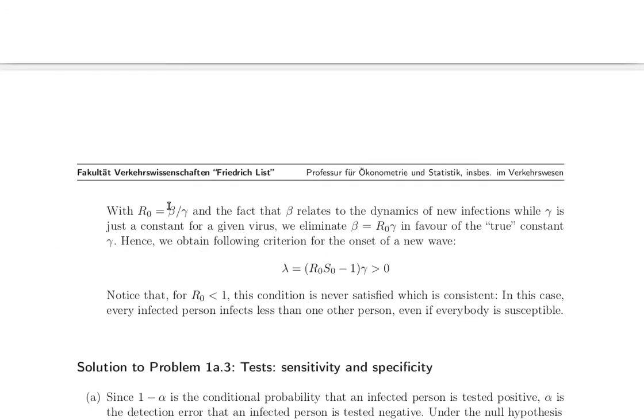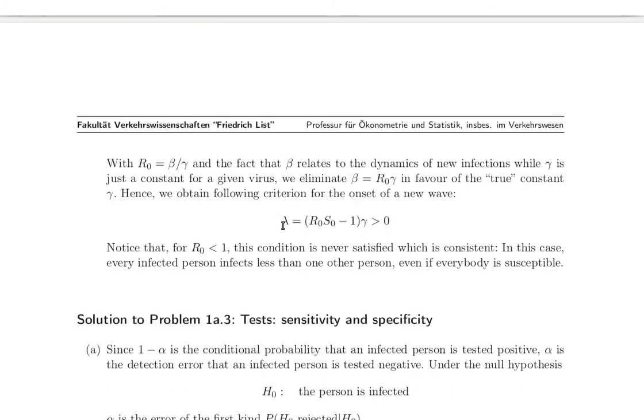Now we introduce the initial reproduction number beta over gamma, and then we just reformulate this condition. So the criterion for an onset of a new wave is just this effective growth rate R0 S0 minus 1 times gamma greater than 0.